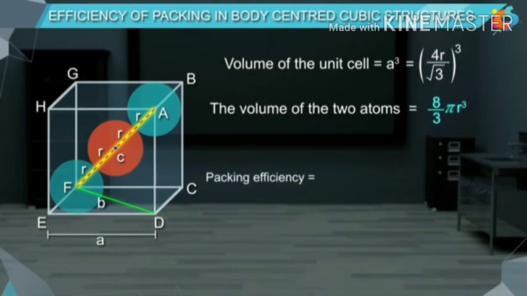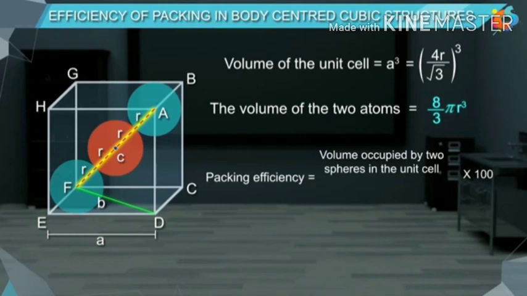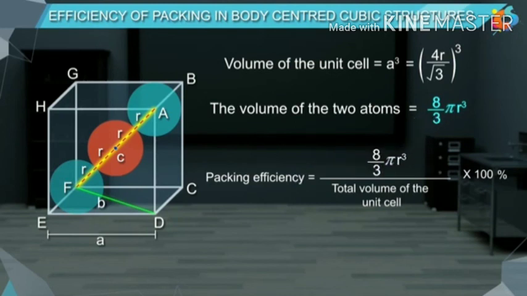Packing efficiency is equal to volume occupied by 2 spheres in the unit cell into 100 by total volume of the unit cell percentage, which is equal to 8 by 3 pi r cube into 100 by 64 by 3 square root of 3 r cube percentage, which is equal to 68%.